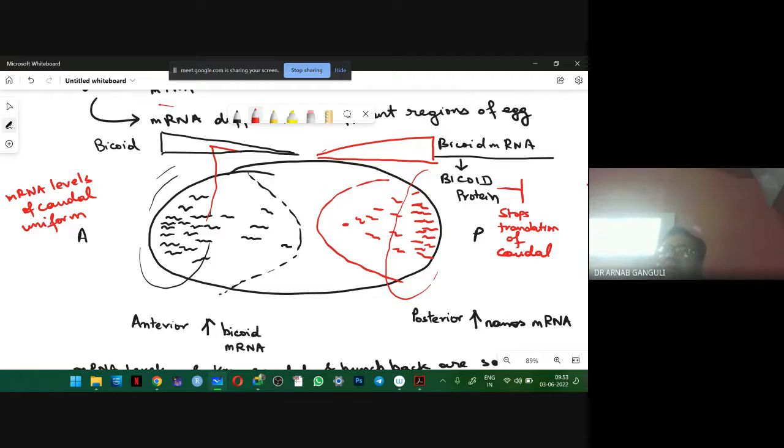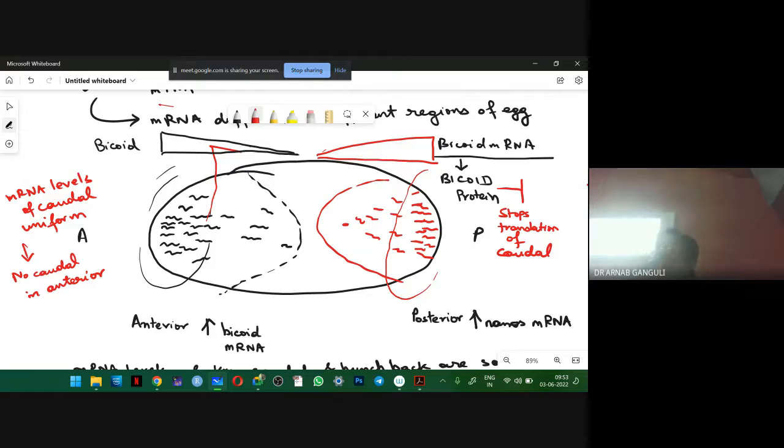Caudal is the same. So at the anterior end, when bicoid is stopping the translation of caudal, what happens? No caudal protein in the anterior end. Clear?